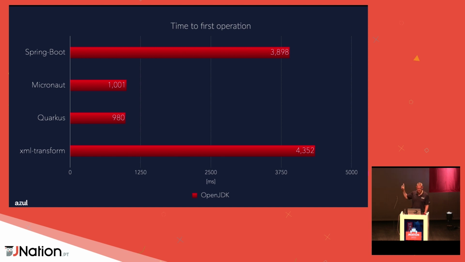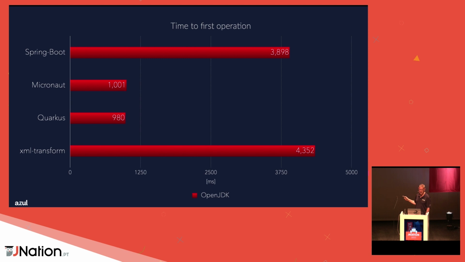So this was the startup time for Spring Boot application, around 3.9 seconds, roughly. Micronaut 1 second, Quarkus 980 milliseconds, and then we also did something XML transform just to have something really long, 4.3 seconds. This is OpenJDK without any support for CRaC.